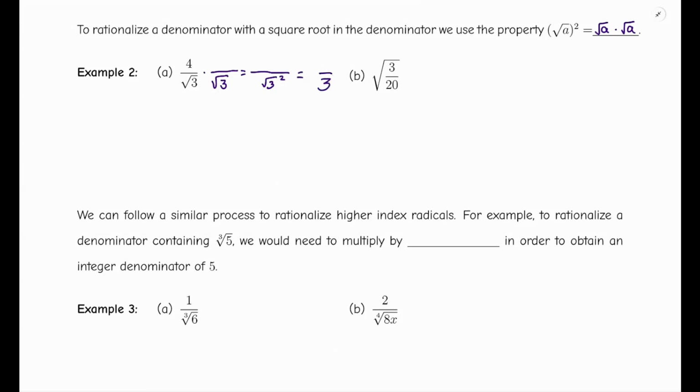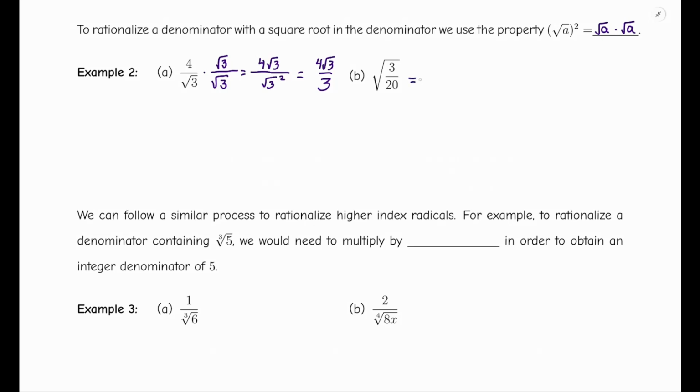So it's an integer. But remember, with fractions, whatever you do to the bottom, you must do to the top. And then 4 times square root of 3 is 4 square root of 3. And we get 4 square root of 3 divided by 3 as our final answer.